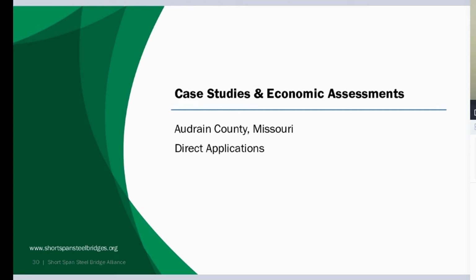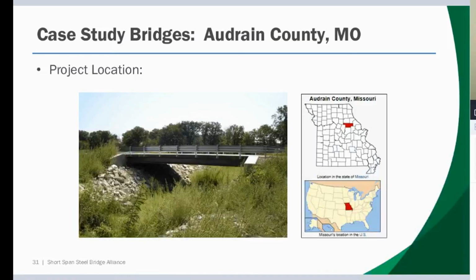And so I want to briefly highlight a couple of case studies, just so that everybody gets an idea of the economics. I'm going to be focusing on Audrain County, Missouri, and you'll see why here in a second. We had a county engineer out there that worked with us and provided us some of the economic data on a couple of candidate projects.